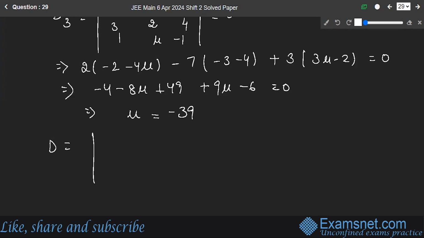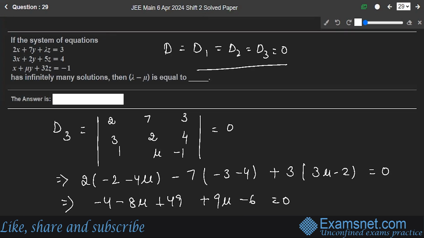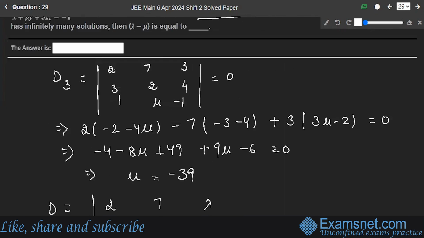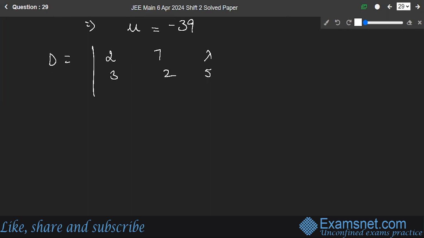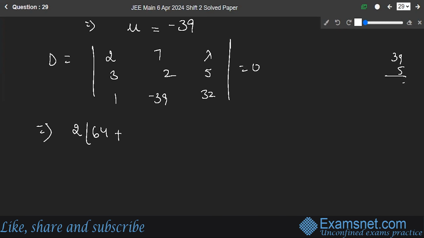D itself. D gives me 2, 7 lambda, 3, 2, 5, and it is 1 minus 39 because I got the value of mu, and 32. This is also equal to 0. This is 2 into 64, and minus minus, this is going to give me plus 39, 5s are 5, 4, and 95.